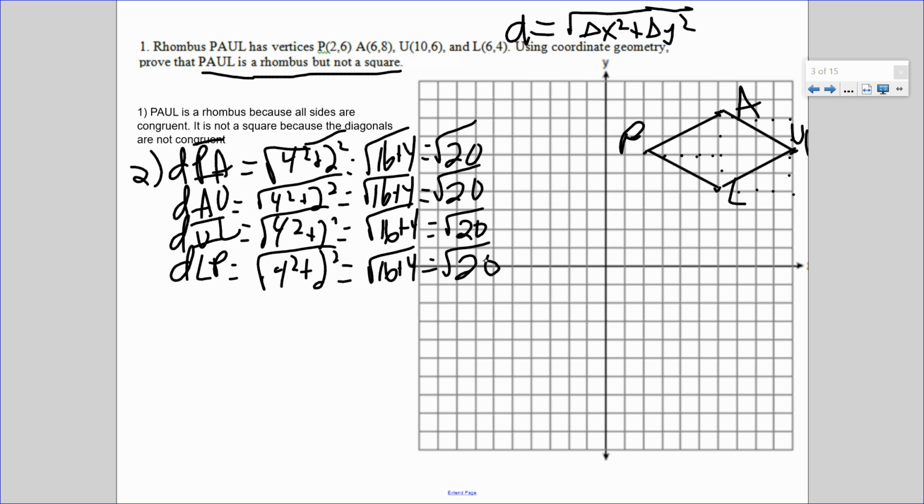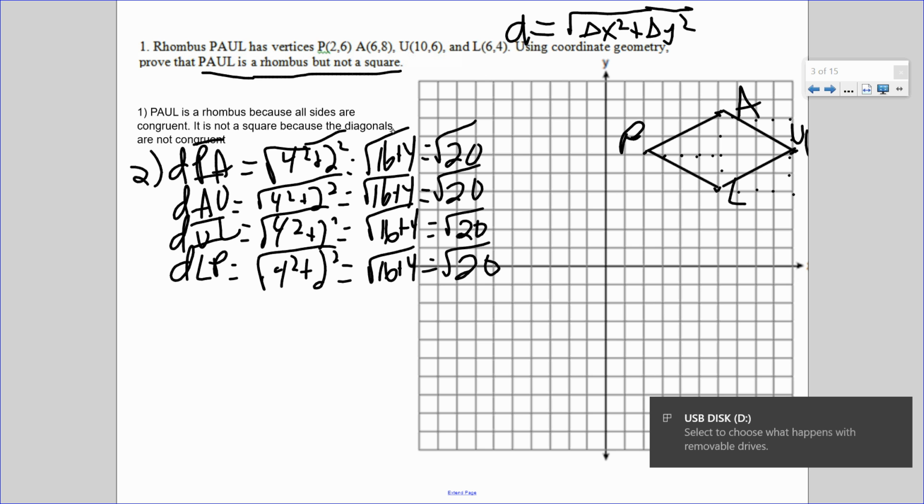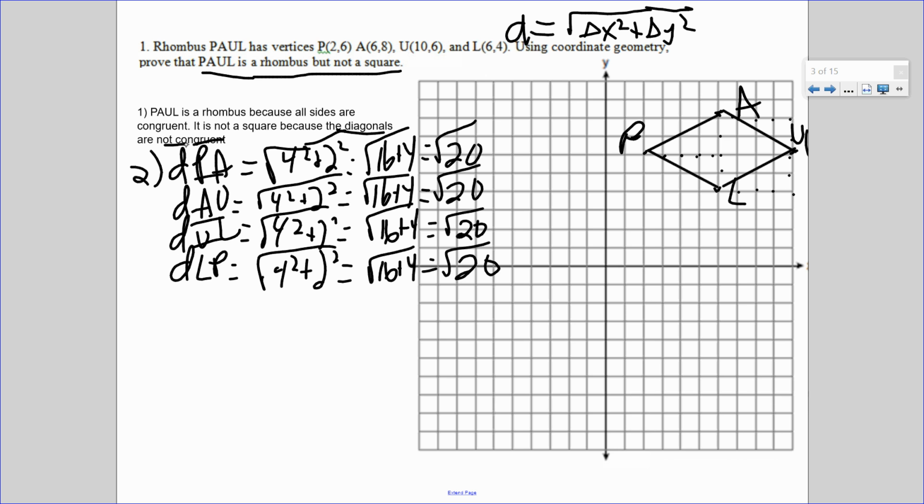Obviously, if you're not comfortable with distance, you need to get comfortable with distance. So ask me or ask somebody, but you need to be able to calculate distance in order to do this. Now, because it's also telling me that I'm going to have to show the diagonals are not congruent, I'm going to now have to calculate the diagonals as well. So the diagonals are PU and AL.